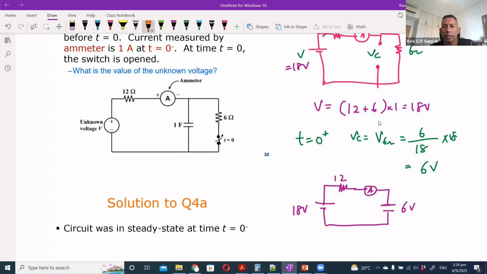The current flowing through would be, based on Ohm's law, the voltage difference across the resistor divided by the resistance. So I would be 18 minus 6 over 12, which should be 1 ampere. That is the current that will be flowing through the ammeter at time t equals 0 plus, when I first flip the switch.